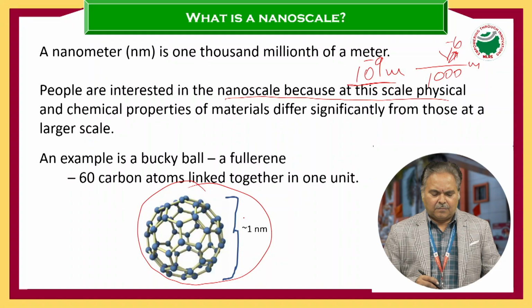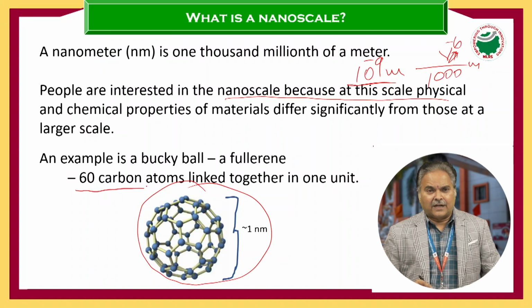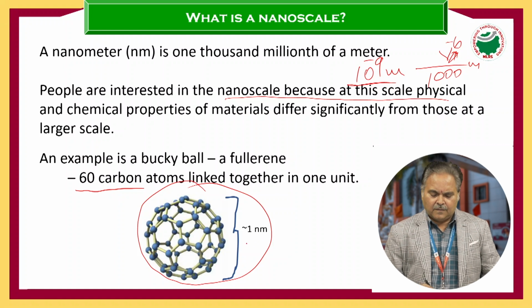Carbon is the most important one. You can see that in 1 nanometer there are 60 carbons linked together in one unit. So that is the small scale of a nanometer. The buckyball is like a ball with all the carbons attached.